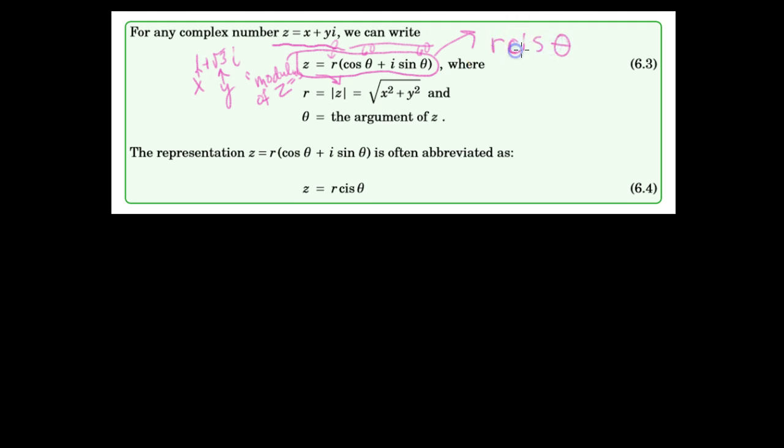And that's just a nice quick way. Because you're assuming it's cosine and sine, the I is the imaginary part. Here's cosine, here's sine, and then you put the angle and whatever r is, or the modulus of z. Notice that it is the square root of the two legs, x squared plus y squared. Okay, and theta is the angle, or they say the argument of z. Oh, and there it is right here, r CIS theta.